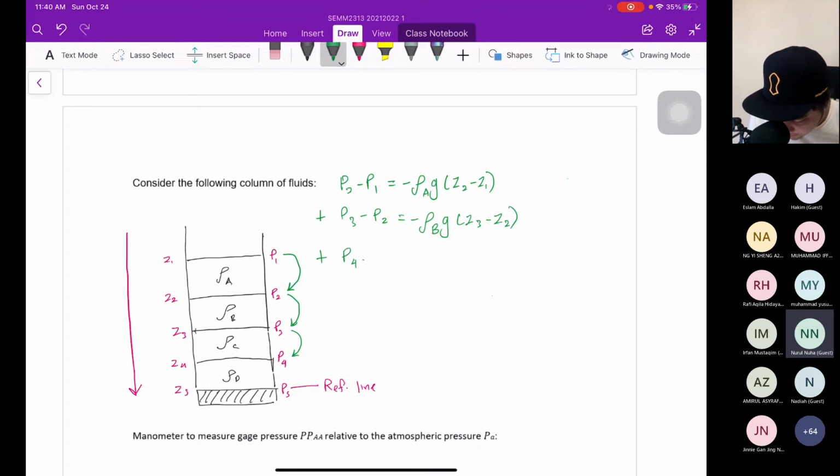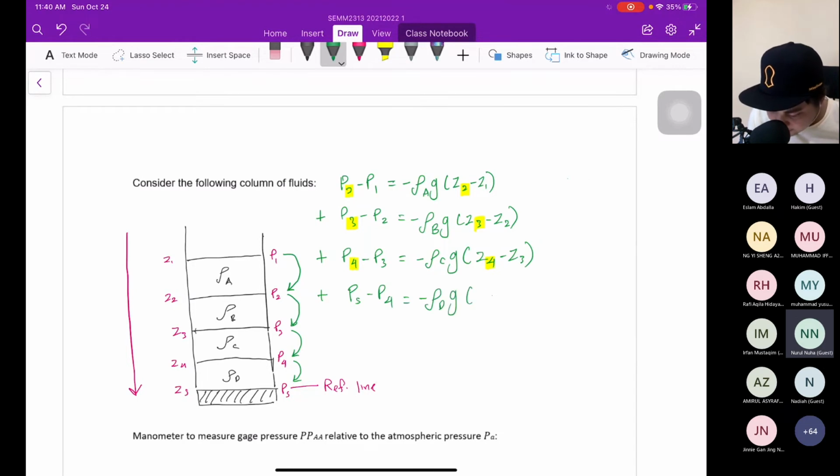So P4 minus P3 equals negative rho C g, Z4 minus Z3. Make sure it is the same: 4, 4, 3, 3, and 2, 2. After that, P4 going to P5: plus P5 minus P4 equals negative rho D g, Z5 minus Z4.